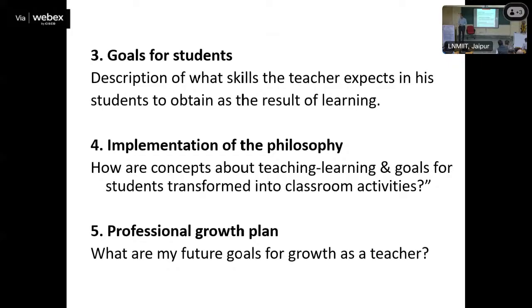Goal for students: what the teacher expects in his students, that is the goal we can decide for every course, like course outcomes. Implementation of philosophy: how the concepts about teaching, learning, and various goals can be achieved. Professional growth: what are my future goals in teaching.